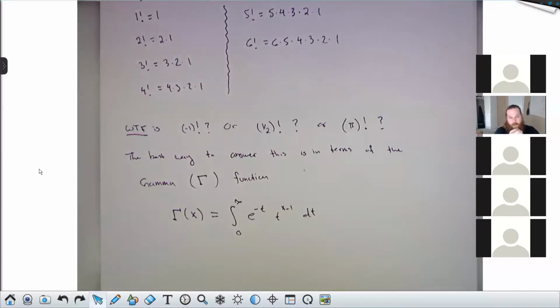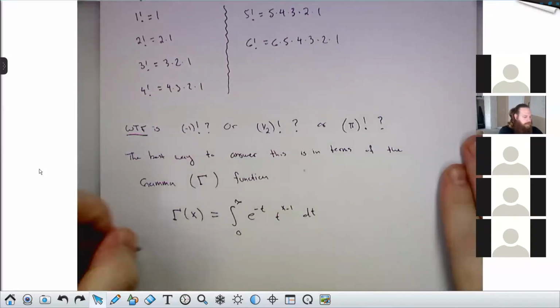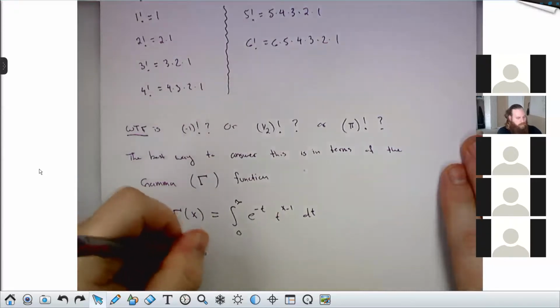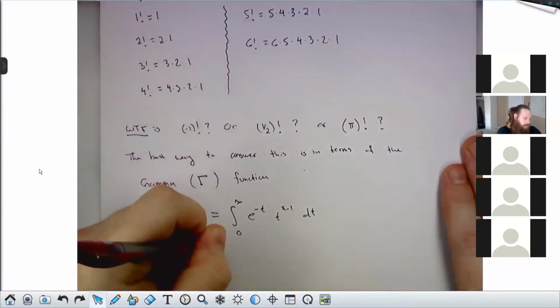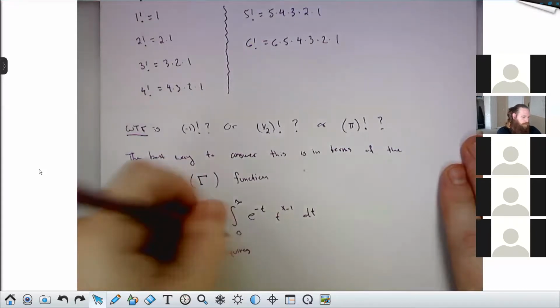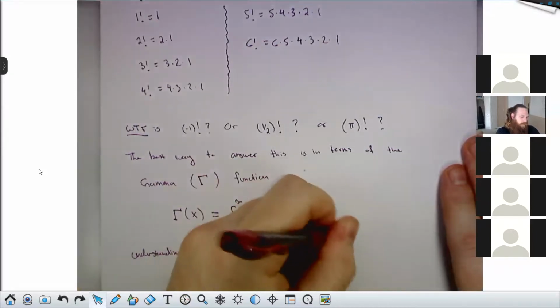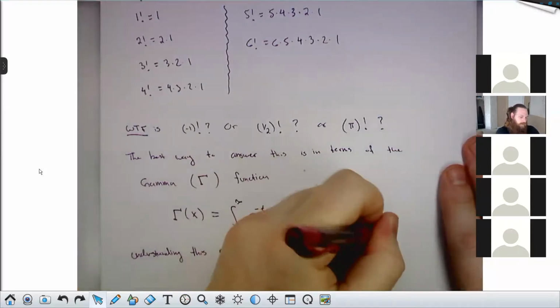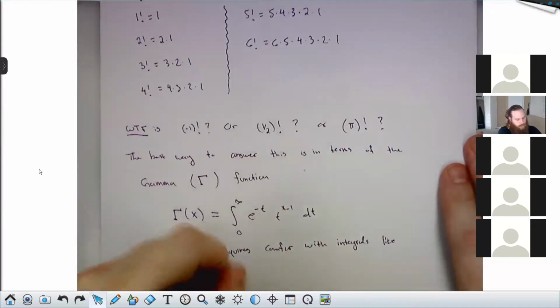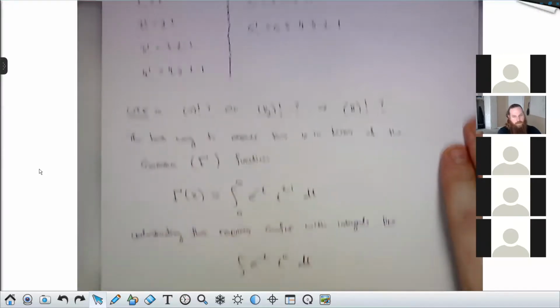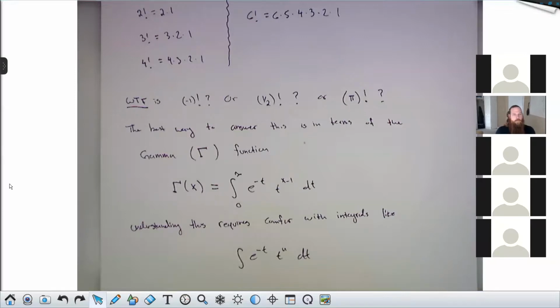And this looks kind of scary, but understanding this requires comfort with integrals of the form integral e to the negative t, t to the n dt. Really, gamma of x is x minus 1 factorial. That's how it works out.